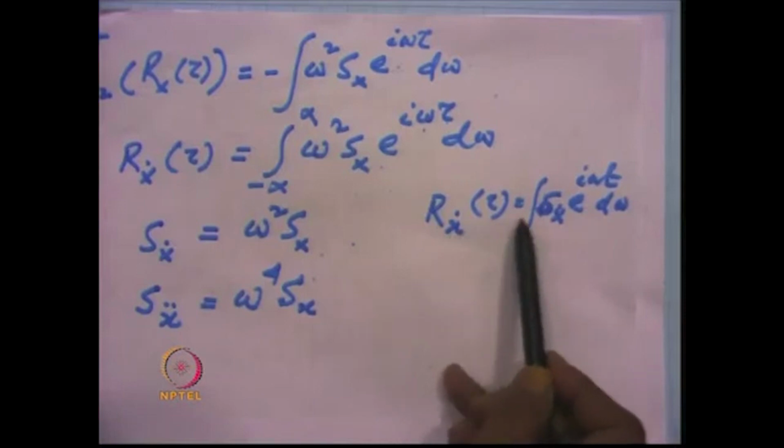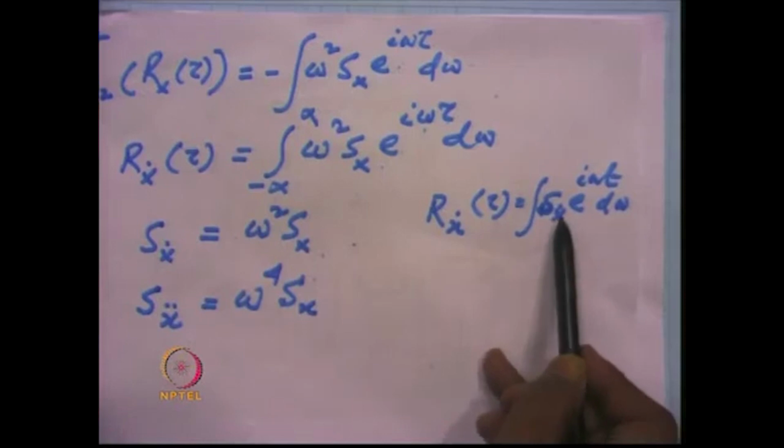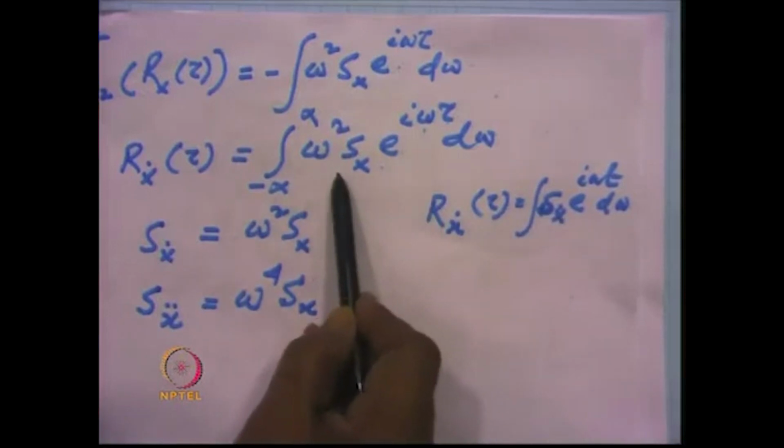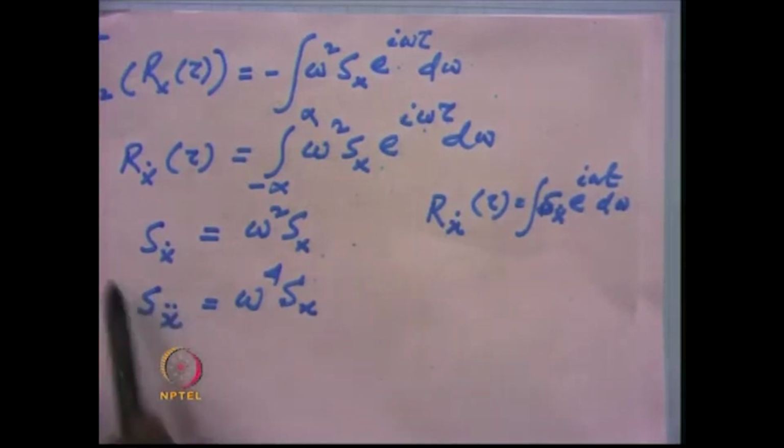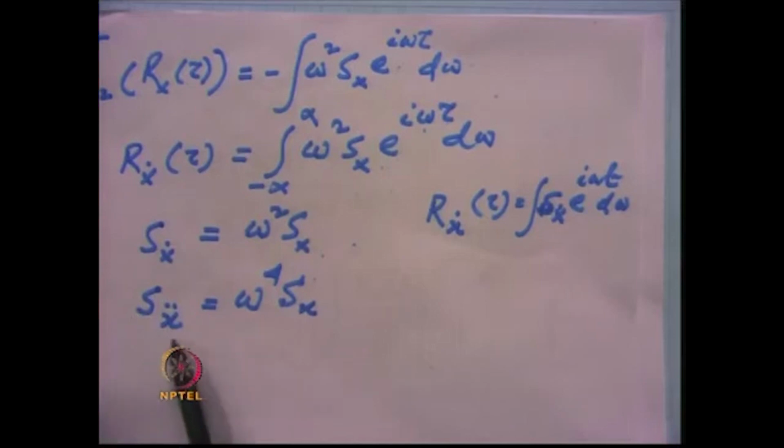Then if we compare this and this, because both of them are equal to r x dot tau, we come to this basic relationship: S x dot is equal to omega square S x. Similarly, one can find out S x double dot is equal to omega to the power 4 into S x.